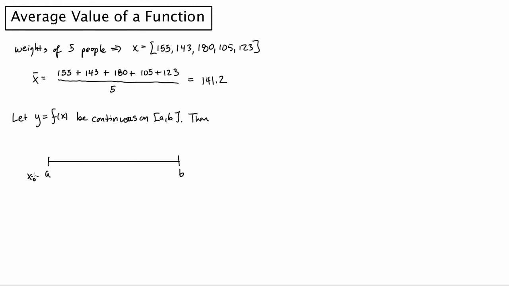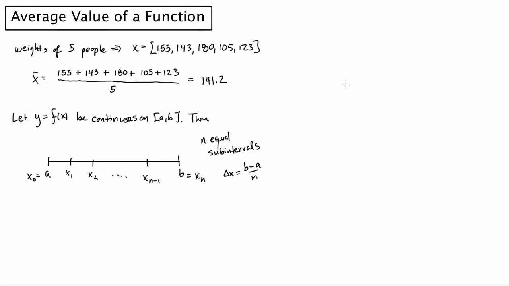The first point is x naught, the last is xn, and I'm going to partition it into x1, x2, and so on, all the way up to xn minus 1, so that there are n equal sized subintervals. We're familiar with this concept of partitioning from Simpson's rule, trapezoid rule, etc. We know that the width of each subinterval would be b minus a over n.